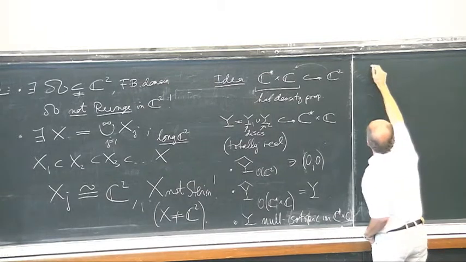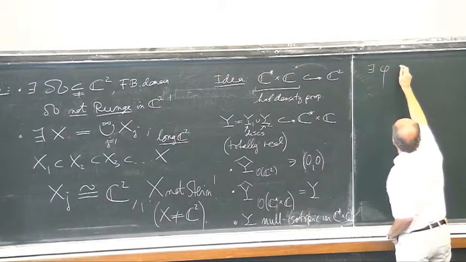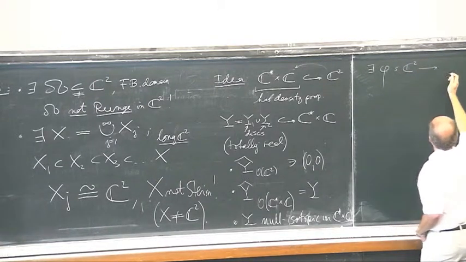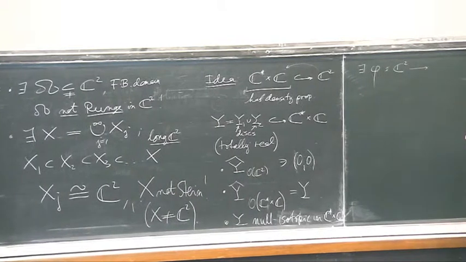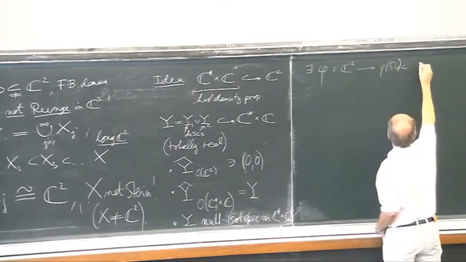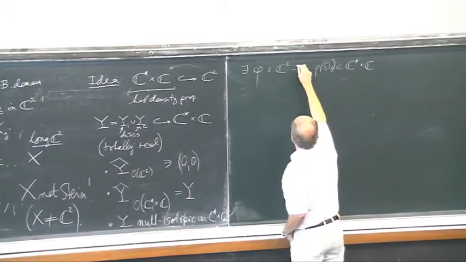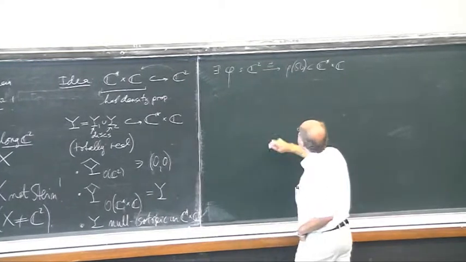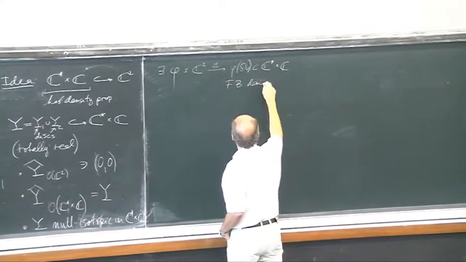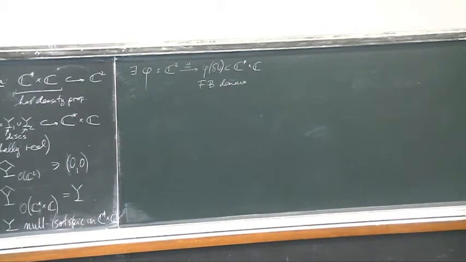So first, this is well known from long ago, that there exists phi from C2 to a subset, let's say Y to phi of omega, which is in C star cross C, such that this map is biholomorphic. So this is a Fatou-Bieberbach domain, which omits one complex line, the line Z1 equal to 0.